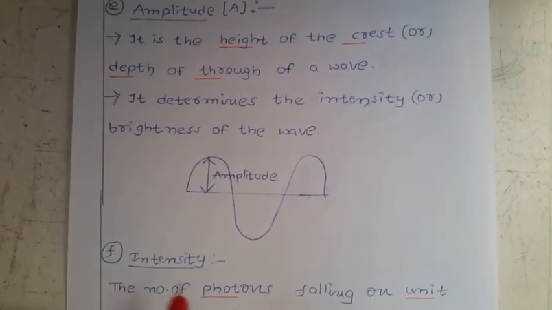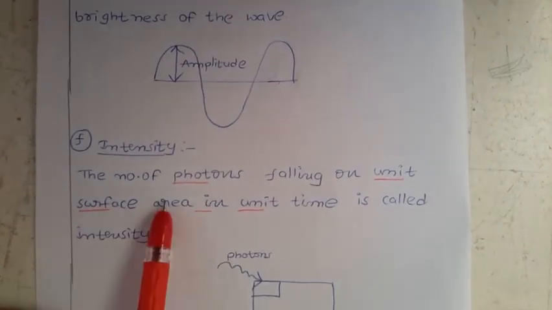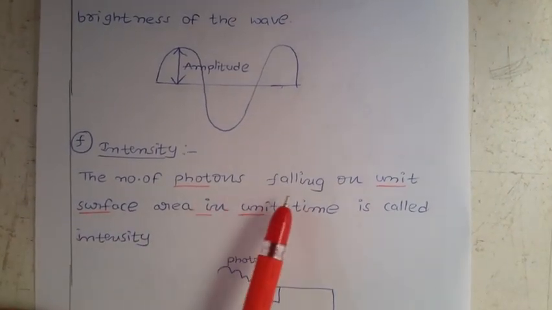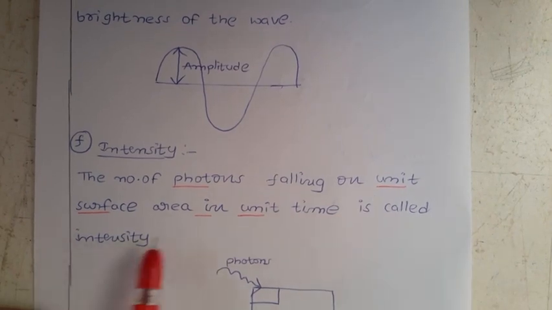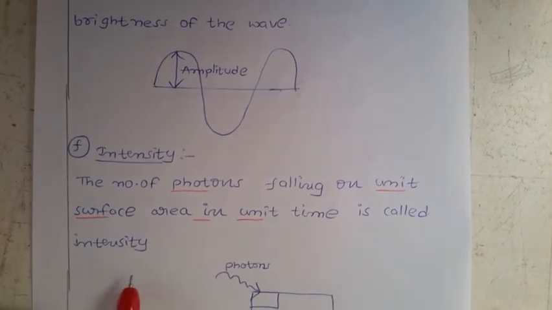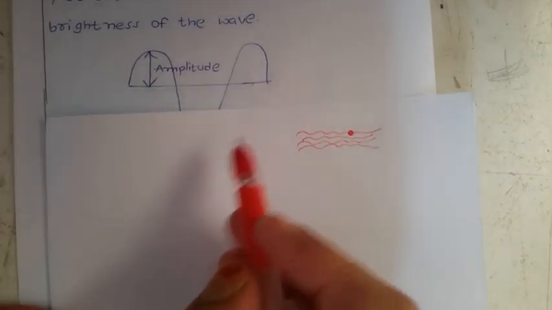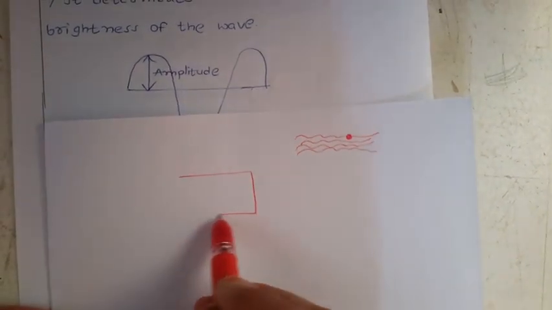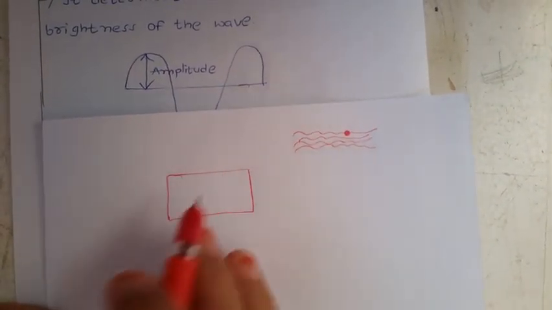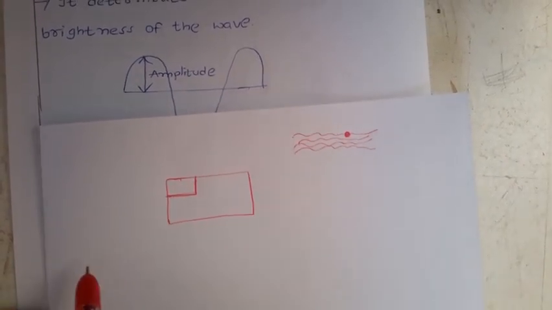Next, what is the definition of intensity? The number of photons falling on unit surface area in unit time is called intensity. Here, for example, I am taking one surface area, and I am focusing on only one unit surface.